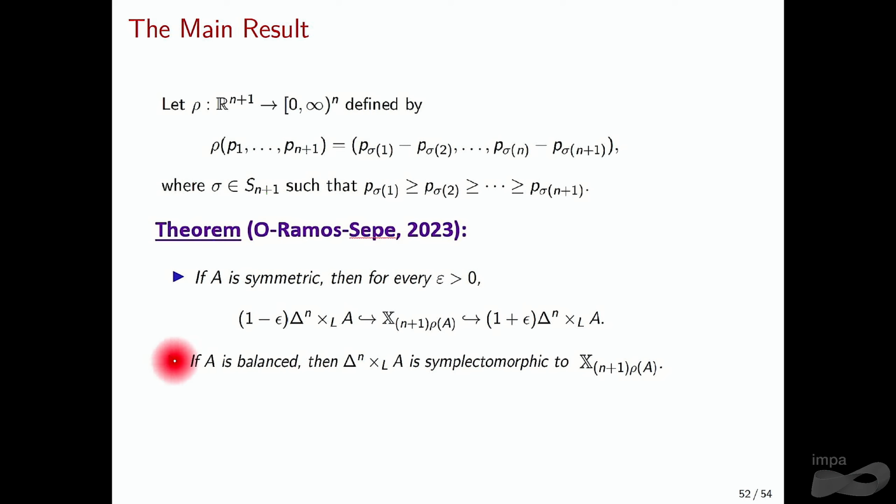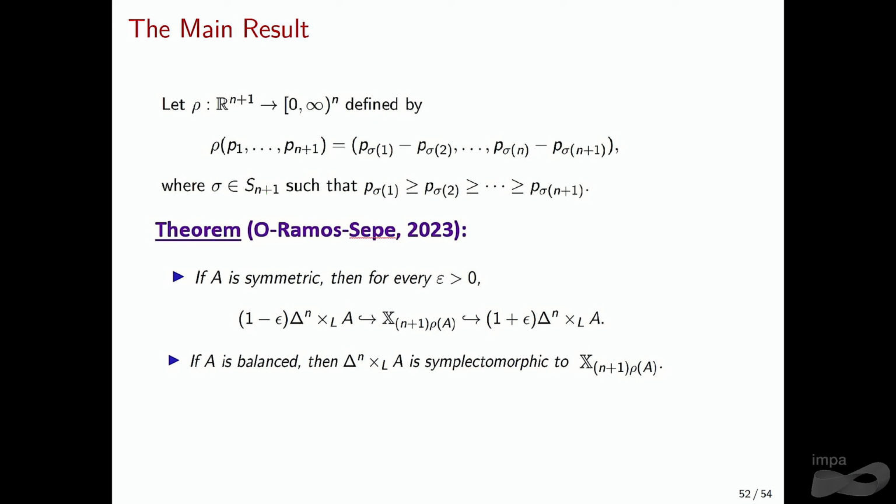What we actually proved is that for any such symmetric enough configuration, the Lagrangian product of the simplex and this configuration is symplectomorphic to a certain toric domain, which we can completely describe using a certain function.